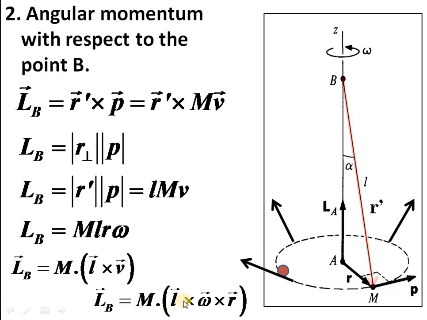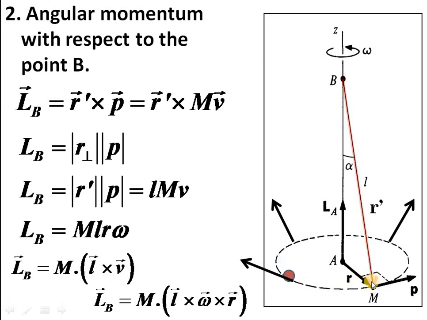Okay, so you can write in a more detailed form. LB will be equal to mass times L cross vector omega cross r, because we know velocity is expressed as omega cross r. Vectorially it is written. We usually write V is equal to r omega. In fact, that is not correct. We must write vector V equal to vector omega cross vector r. So if you take the vector direction, you can see from the diagram that LB is directed like this everywhere, because r is like this and velocity is tangential.